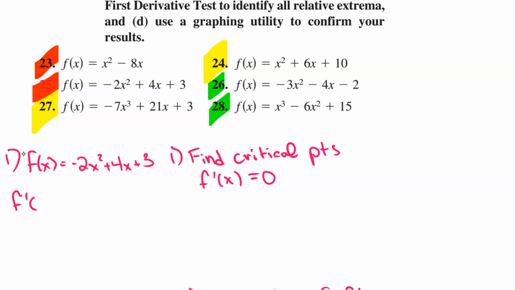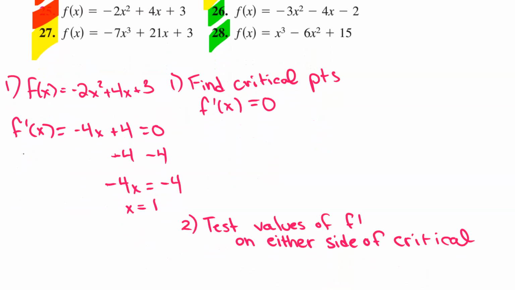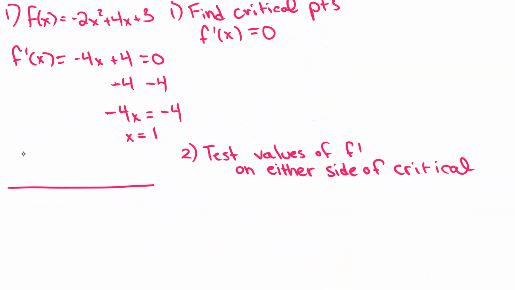We do our derivative to find our critical points, and then we set it equal to 0. So we got a critical point at x equals 1. Then we need to make our number line for our derivative and test values on either side of our critical point, which is where our derivative equals 0.